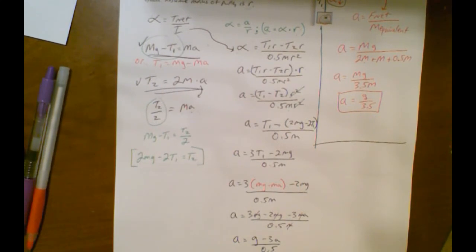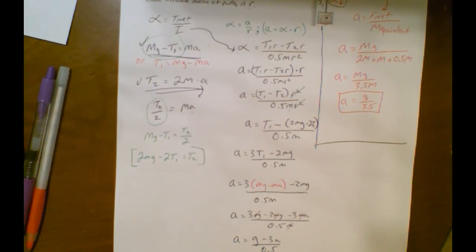So now I'm going to multiply both sides by 0.5. 0.5a is equal to g minus 3a. Add 3a to both sides. Or pardon me, yeah, I guess I could do that. 0.5a is equal to g over 3.5.